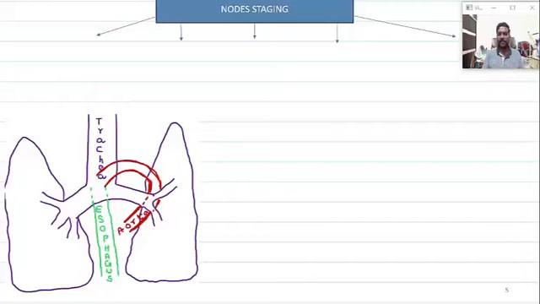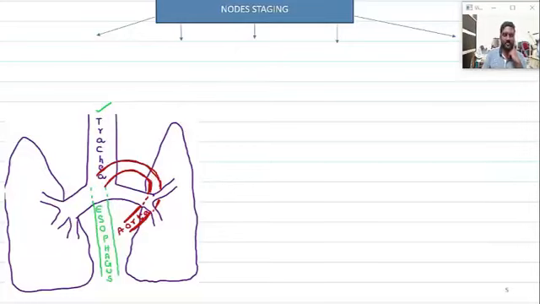First, let us see the basic anatomical stages. To understand this better, you should know the normal mediastinal structures, and also some amount of lung anatomy. If you see in this image, this is the central airway called the trachea, giving rise to bronchi within the lungs.